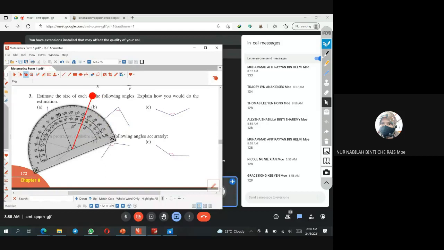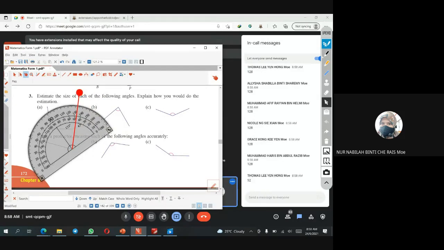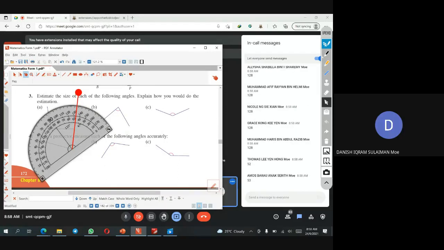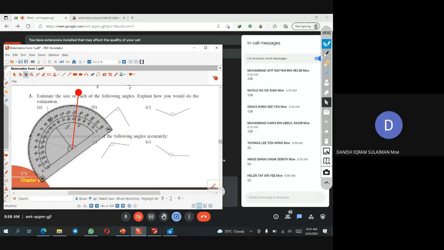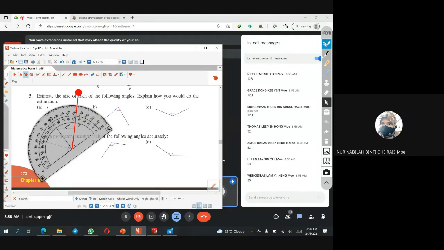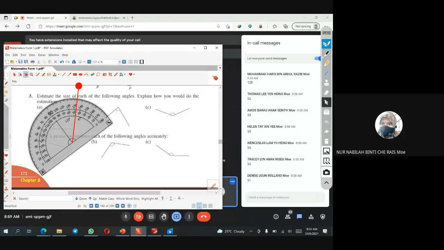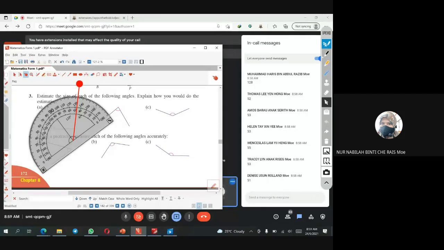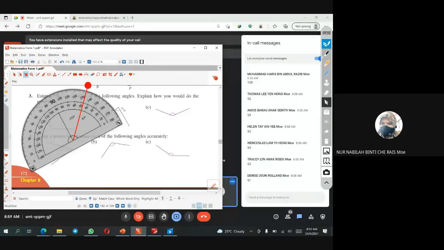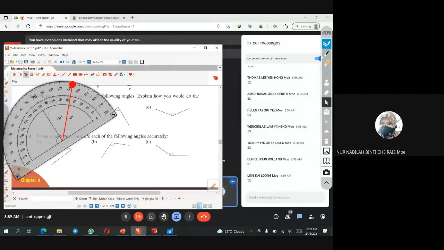Okay, let's say I put it like this. I think maybe the scale here does not really follow the textbook. Is it correct or wrong? Okay, never mind. We try. Okay, let's say I put it here.